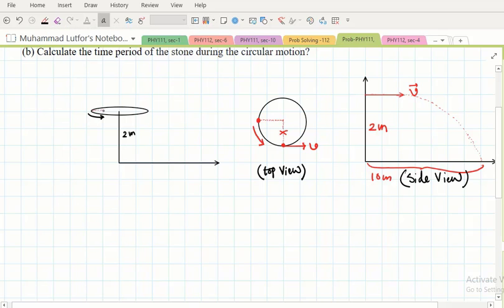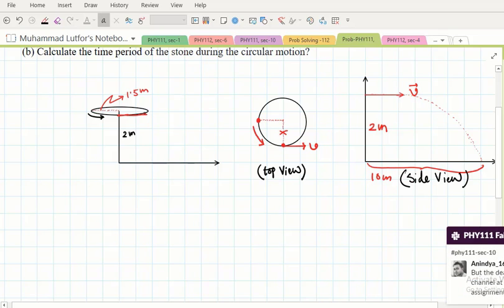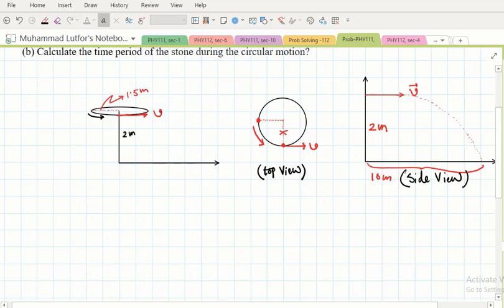The radius of this circular track is 1.5 meter, which is given. Once the stone is at that point, the string breaks and the stone flies off in that direction and travels a horizontal distance of 10 meter.